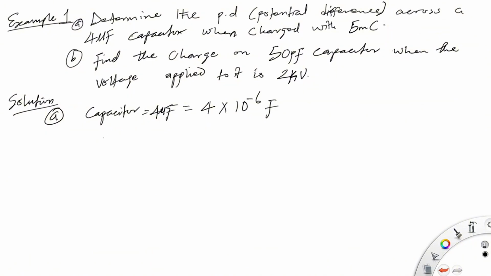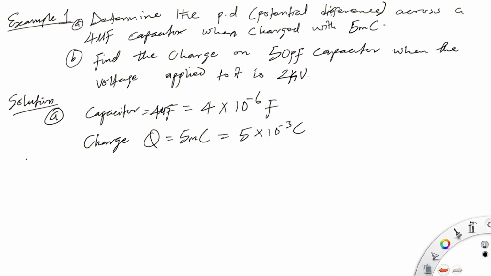If you haven't watched that, you can go back and watch, so that you would have an understanding of the prefixes we'll be using here today. And charge Q is equal to 5 millicoulombs, which is 5 times 10 raised to the power minus 3 coulombs.